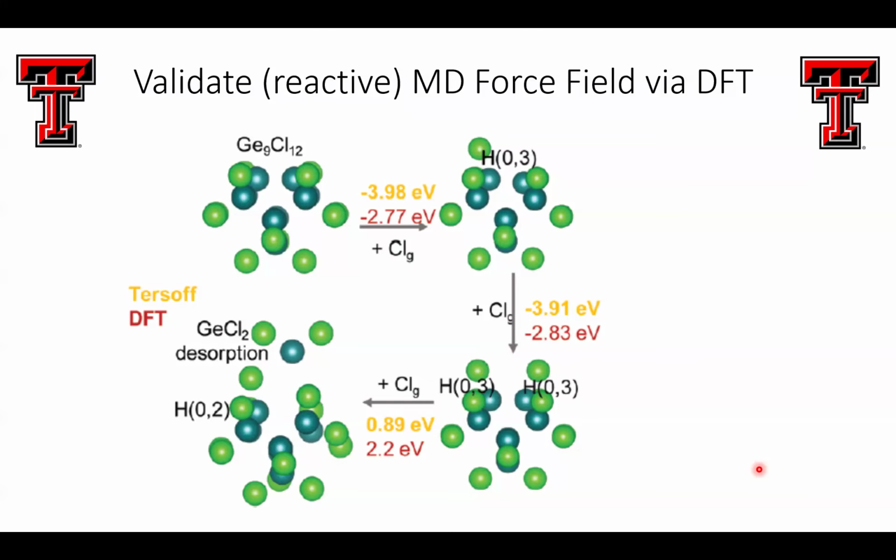So what we then did, we validated this. That's the next step. If you develop a force field, you learned it via whatever tool you have, and then you need to validate it with data, typically, normally, with data you have not optimized against.